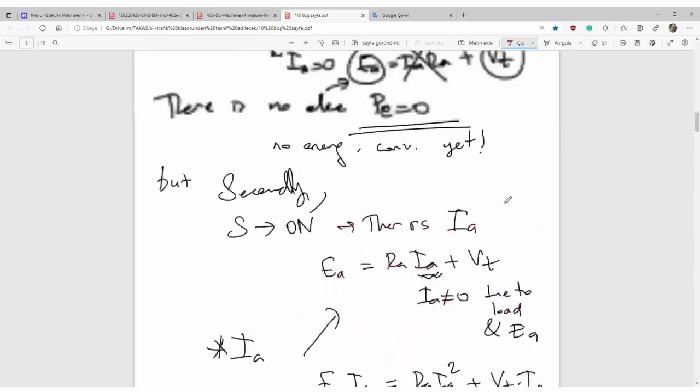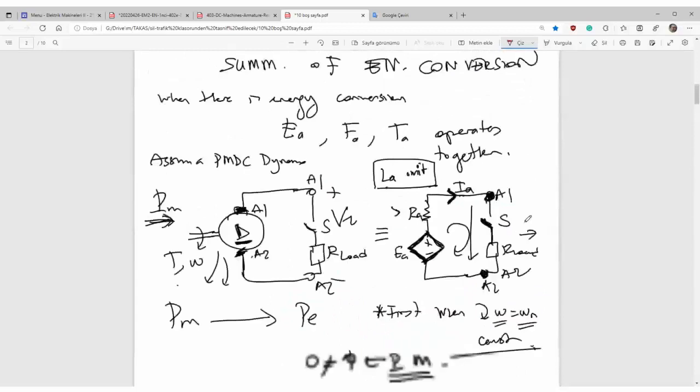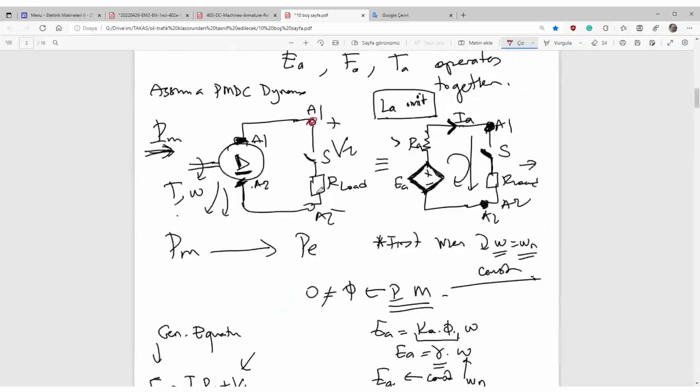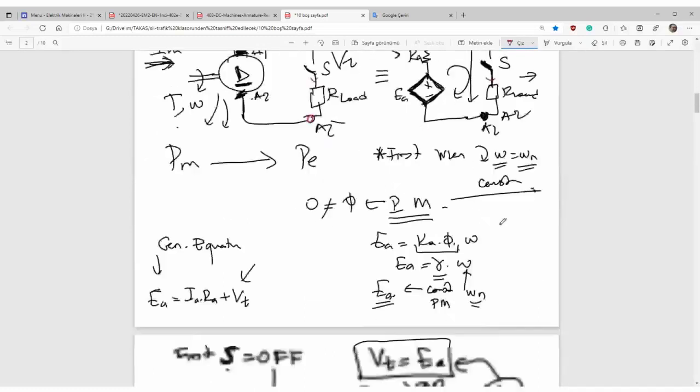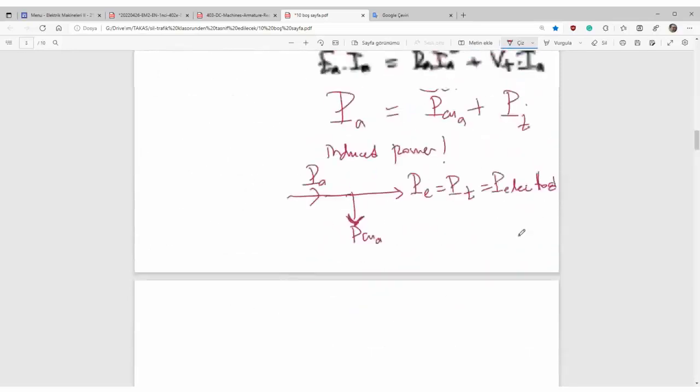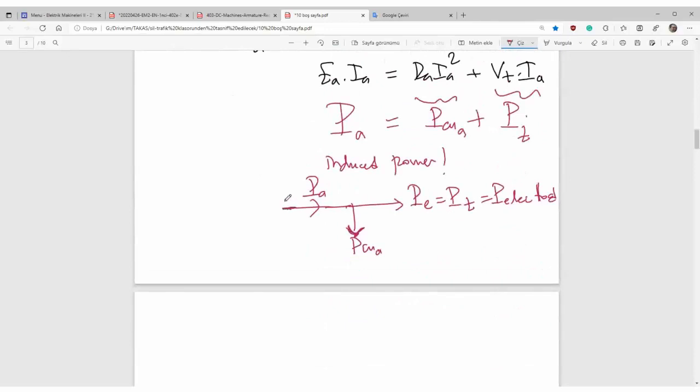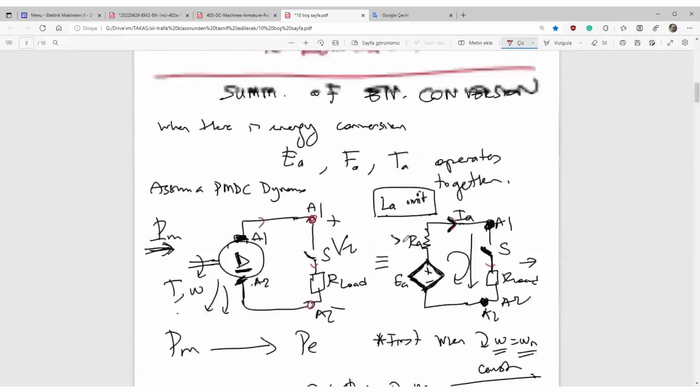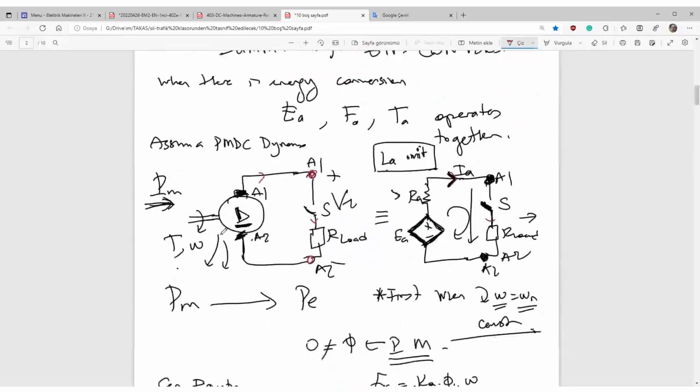I mean this one: the terminal voltage is Vt, the current is the same current. So that is the power transferred to the load. Armature power is induced inside the system, somewhere here. Applied mechanical power is converted into electric power, somewhere here.